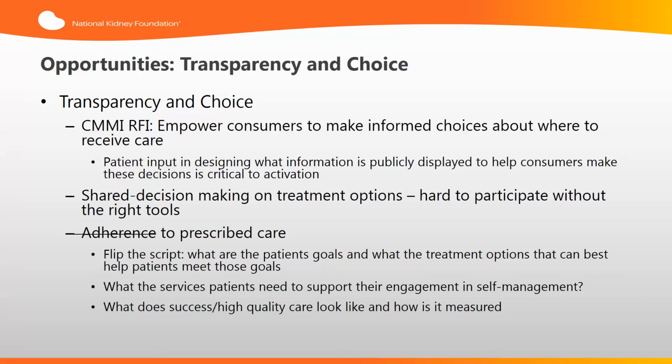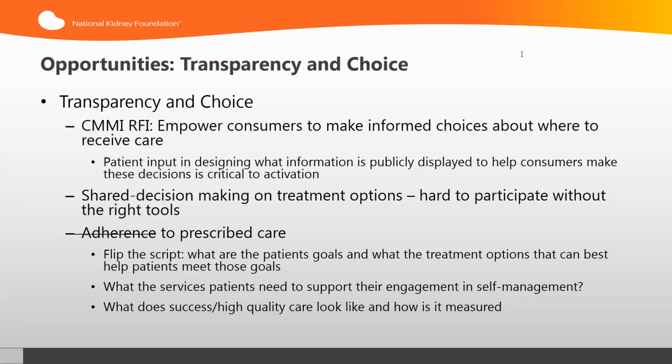Because if this is just determined by the physicians or the clinicians in the model and by CMS staff as to what information is necessary to communicate to the public so that they can make informed decisions, I think it's going to be lacking. And to go back to my example in the first webinar, where I presented the dialysis facility compare rating system and the star ratings, I think CMS had learned that the measures they were putting out there and basing their star ratings on weren't necessarily the information that patients were seeking to help them make decisions about their clinics.